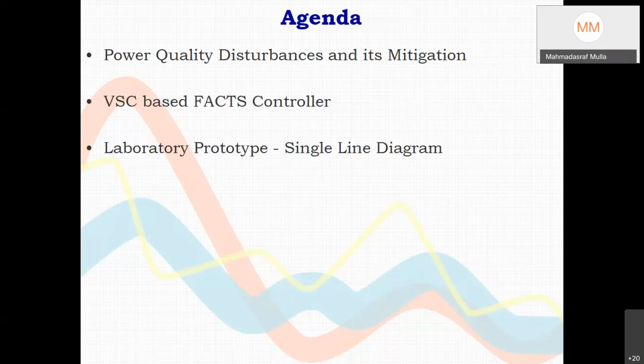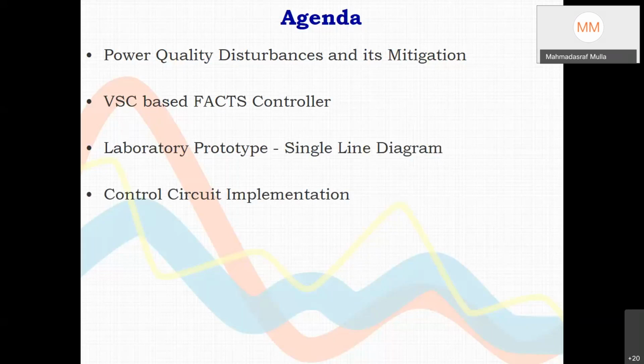Then the trainer, whose small clip I tried to demonstrate to you. How we have designed that trainer where a real transmission line can be simulated, different types of loading effects on the transmission line can be studied, and there this FACTS controller can be applied for mitigating that. That I will try to share. A major part is the control circuit.